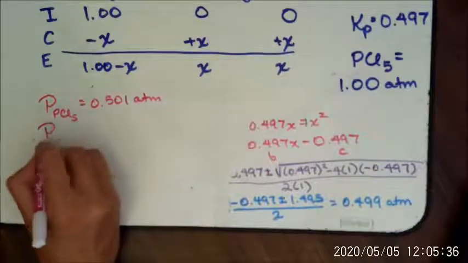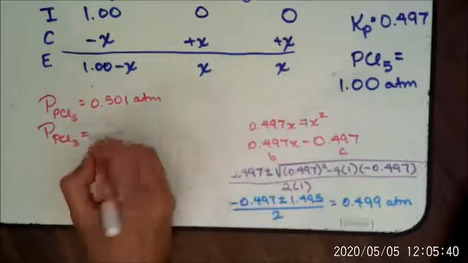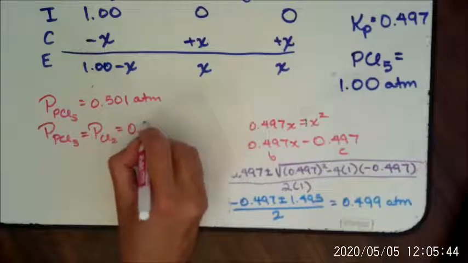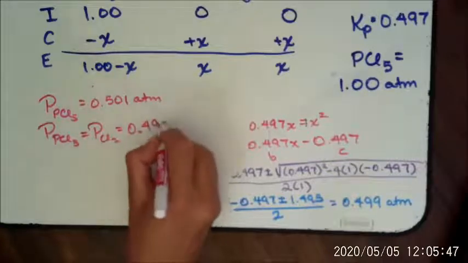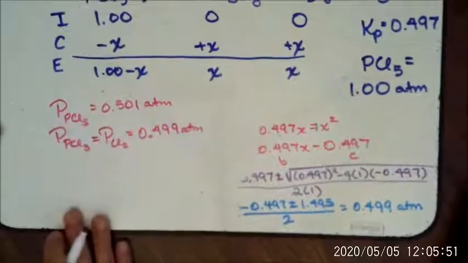And the partial pressure for my phosphorus trichloride, which is equal to the partial pressure for my chlorine gas, is going to be equal to 0.499 atmospheres. So far so good?